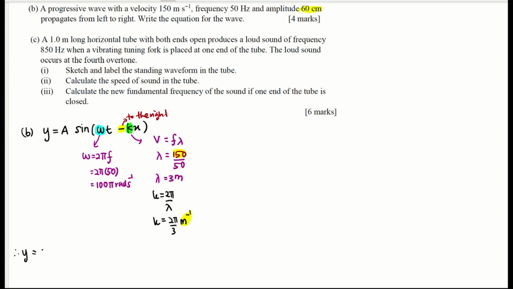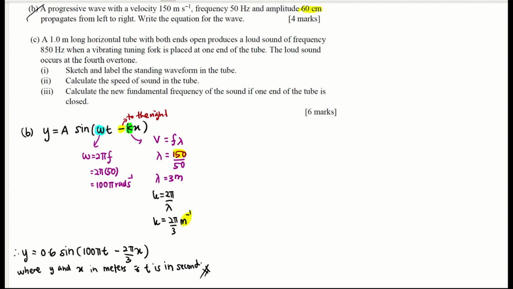So 60 centimeter, which is 0.6 sine, omega is 100 pi t minus k is 2 pi over 3 x. Alright? So this is the equation, and then make sure you write the unit where y and x in meters and t is in seconds. Okay, so this is the answer for question B.